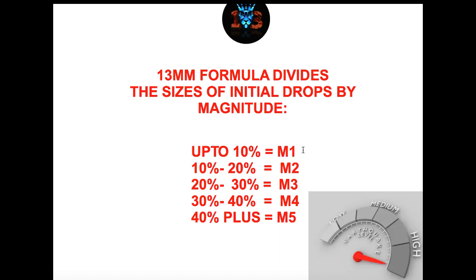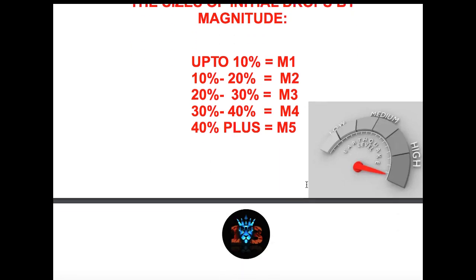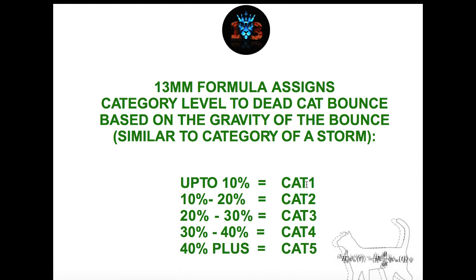Most of the time, you're going to be dealing with M1, M2, M3, and M4, and understand that the higher the number of the magnitude, the greater your opportunity to earn if you understand what that magnitude could produce next. So understanding the magnitude of the drops and the way you split them is also important.